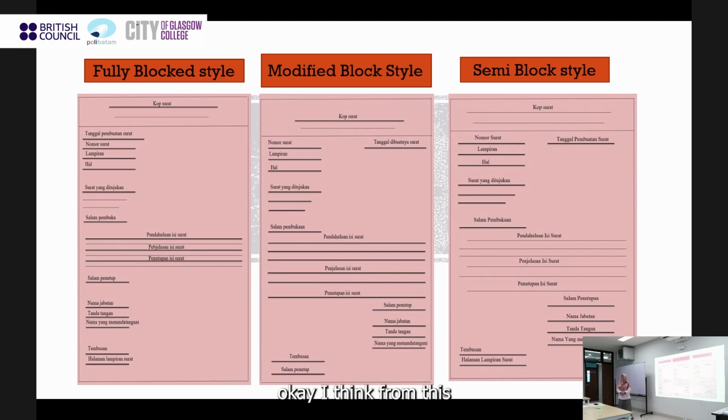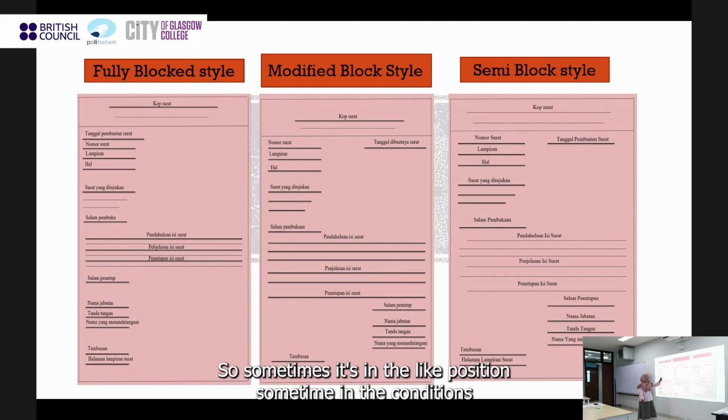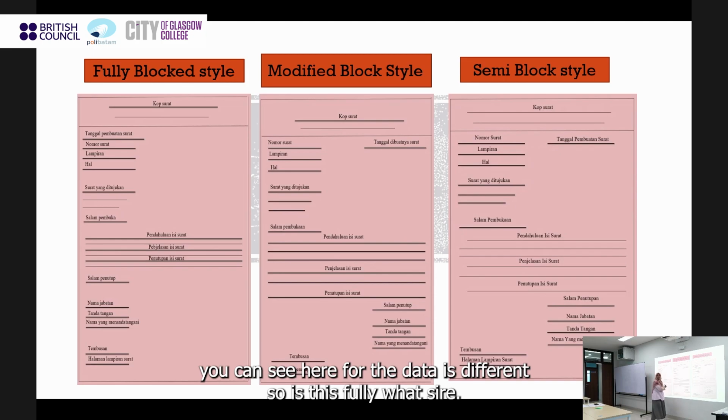Okay, I think from this format you can differentiate them, right? For fully block style, the position is on the left. And for modified, it has been modified, so sometimes it's in the right position, sometimes in the left position. You can see here the date is different from this fully block style.